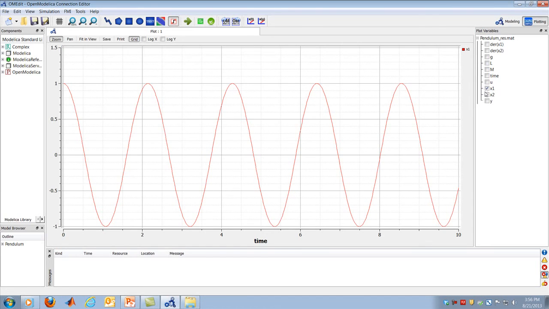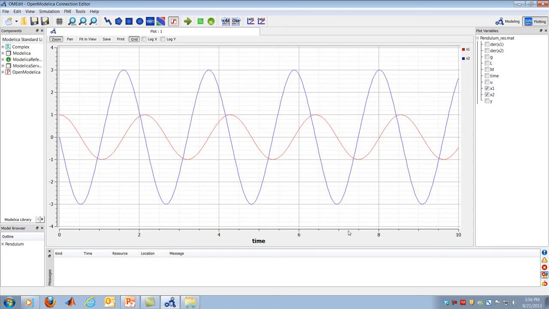I can look at the angular velocity as a function of time, which is the slope of angular position as a function of time, and it varies between + and -3 radians per second here. Yeah, almost exactly 3 radians per second. And there's a reason for that.